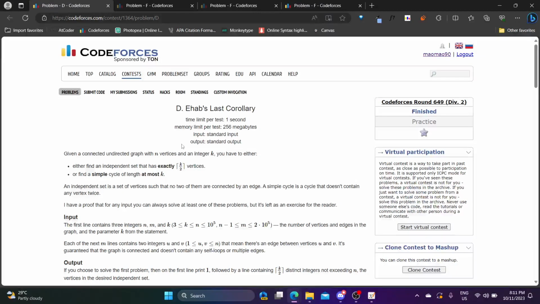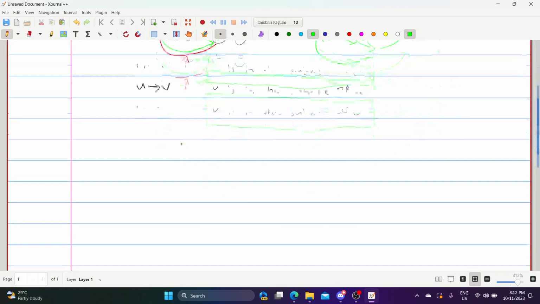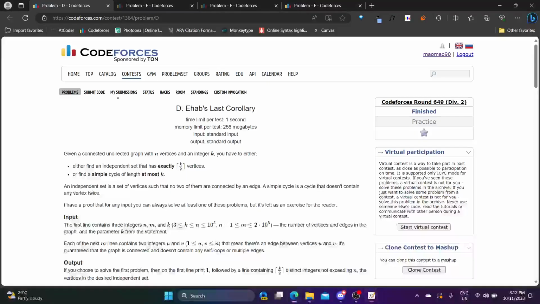So let's say we have a graph. Okay, so let's look at the condition of a cycle first.